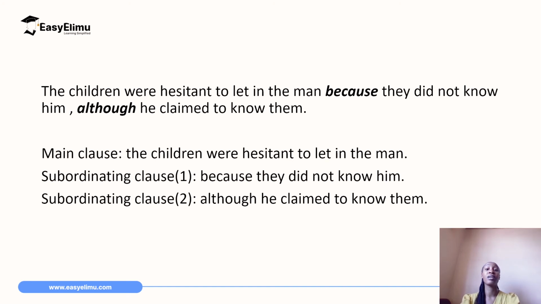Although he claimed to know them, that is the second subordinate clause. You realize that these subordinate clauses are introduced by subordinating conjunctions. So for easier identification of these clauses, it is important to first identify the subordinating conjunction.